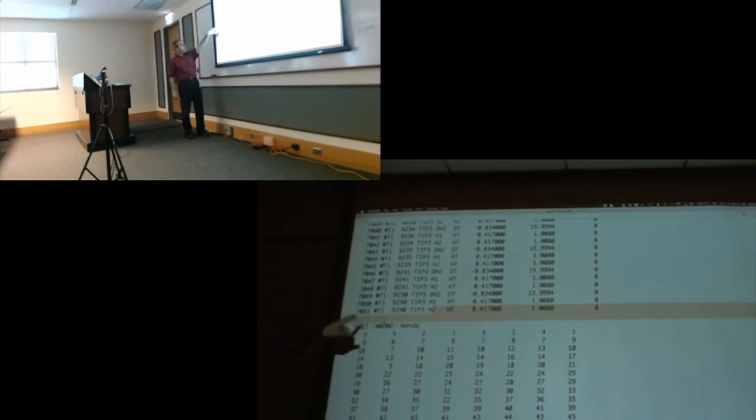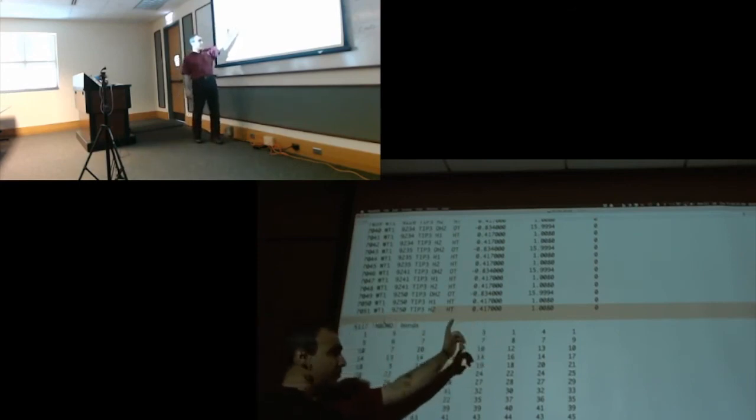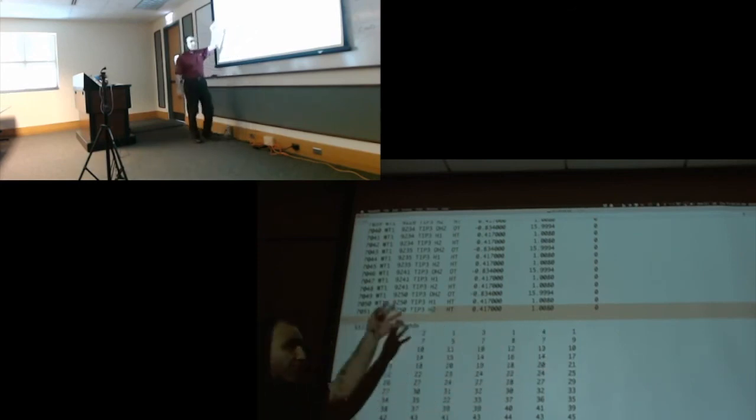One is connected to 5. One is also connected to 2. One is also connected to 3. One is also connected to 4. This is probably the N-terminus nitrogen connected to a bunch of hydrogens and other atoms. So you have pairs of atoms bound to each other, and the information about those atoms is up there. So everything is here. The same for angles, the same for dihedral angles, the same for improper dihedral angles.